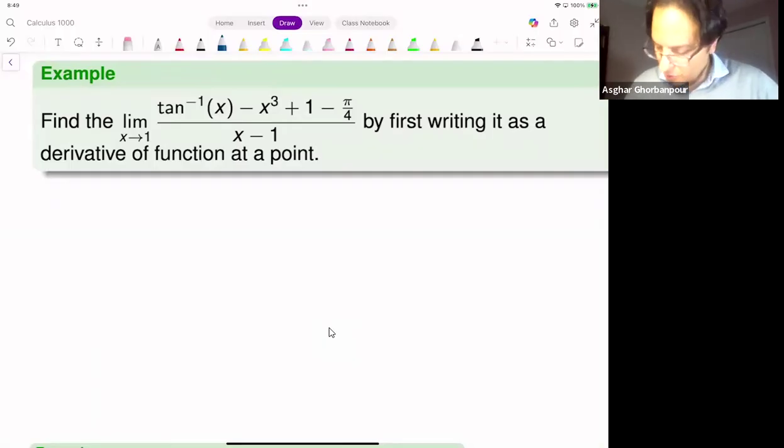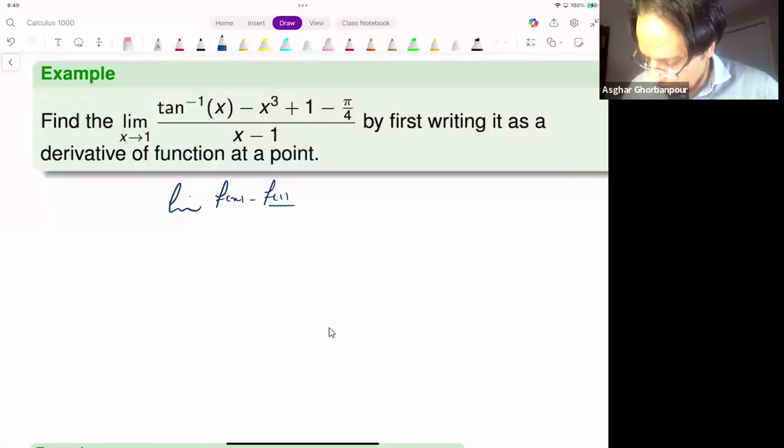Okay. So I want to see this as derivative of a function. Remember, the limit of f of x minus f at 1 over x minus 1 as x goes to 1, if it exists, is f prime at 1.